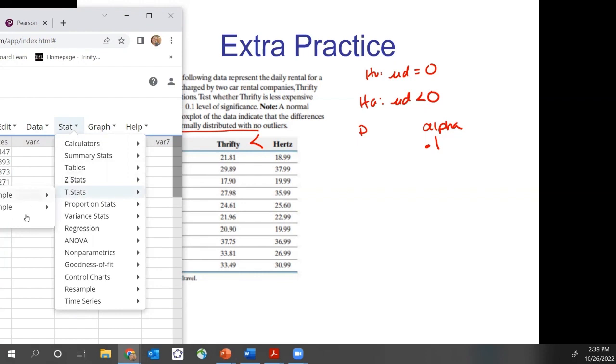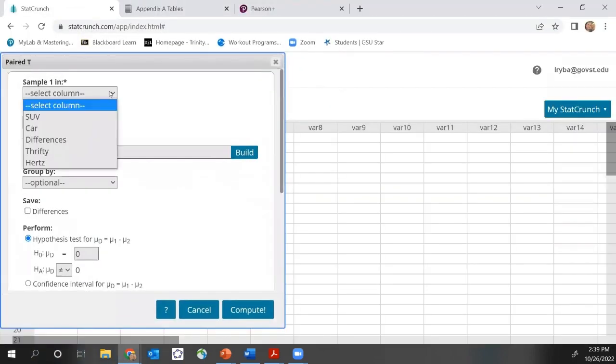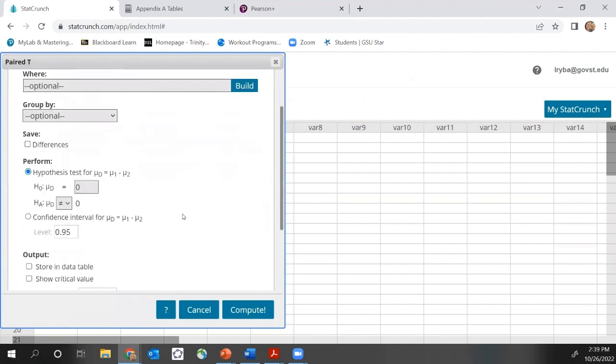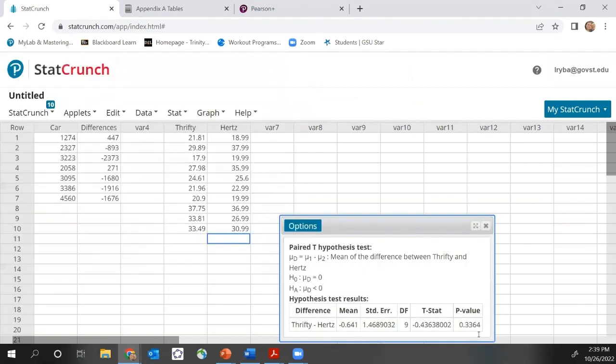So we're going to go to paired. It's the one down the bottom here. I'm going to pull that over. We're doing Thrifty and Hertz. I don't need to save the differences. I just need to change my symbol. I don't need to do any of these plots here because it doesn't ask me to do any. So I'm just going to hit compute and look at the p-value here.